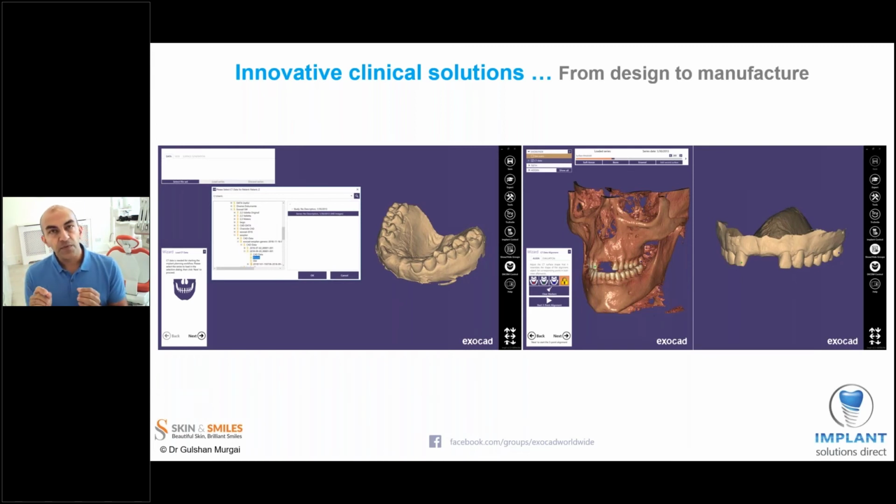And using the software, you can remove certain elements so that you can just see bone, or you can see bone and tooth. On the right-hand side of that split image, you can see the intraoral data. In that particular case, that was an impression that would have been cast by a model and then scanned with a tabletop type of scanner. And then all of the data is brought together in one place.